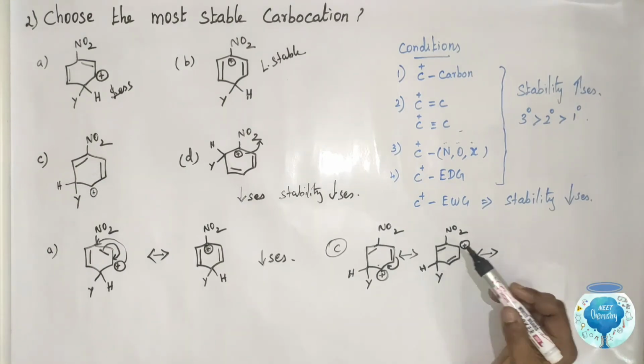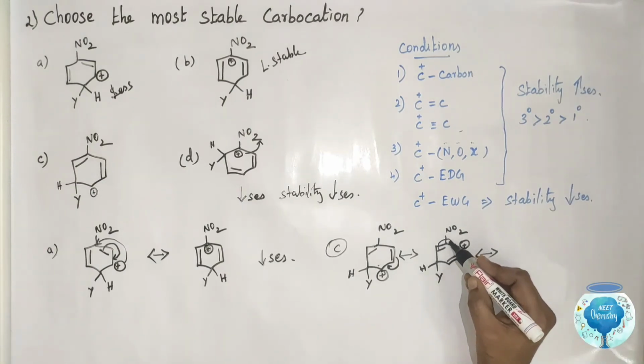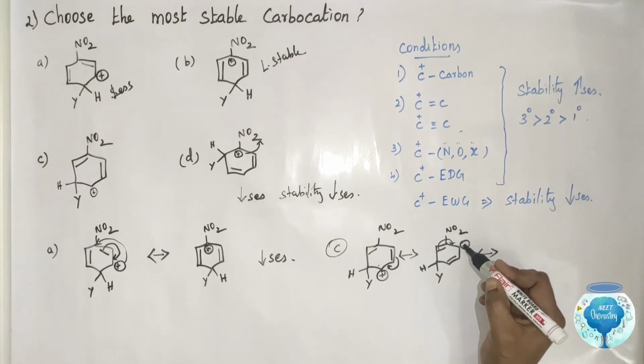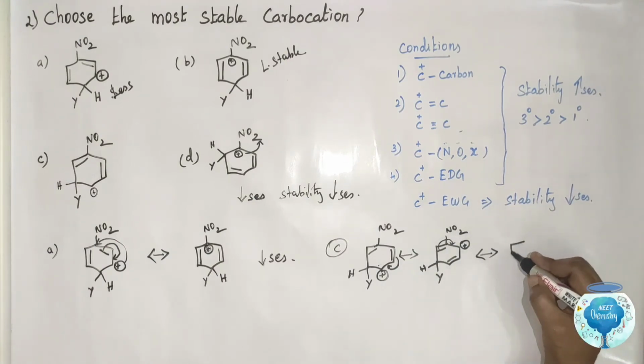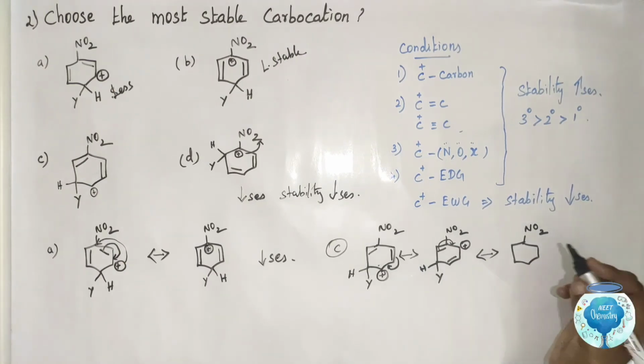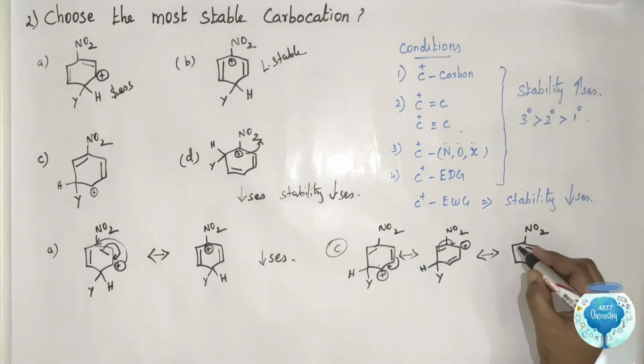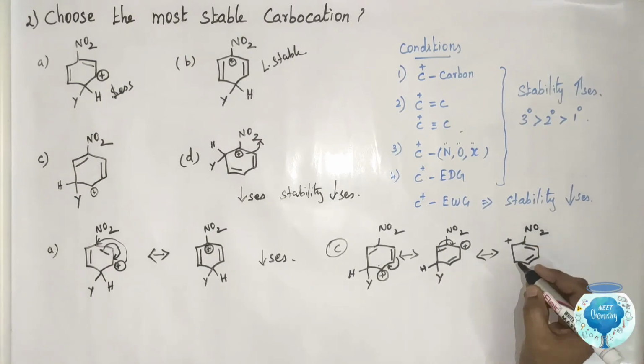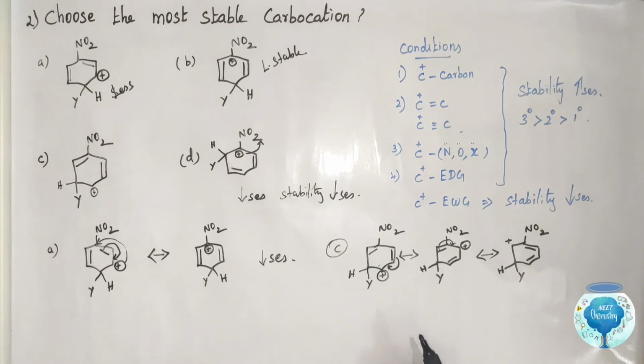Next, we shift this electron to this carbon atom. This charge also shifts here. So the charge is shifted to this position. So the resonance structures increase.